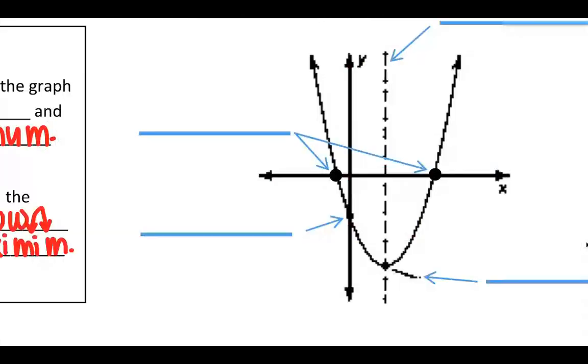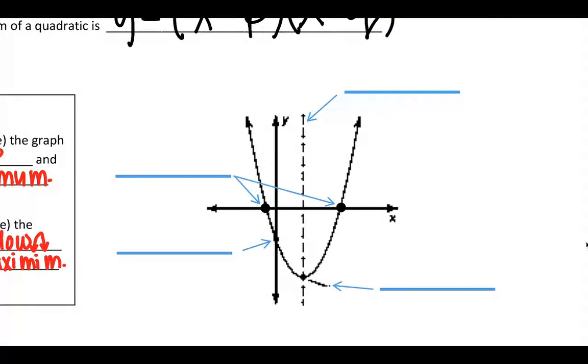Okay. Then I have this picture here. We know how to find the y-intercept, so that's just where our graph crosses our y-axis. So in this case, this would be our y-intercept. We have our x-intercepts. Again, this one has 2. You could have 1, 2, or none. This one has 2.